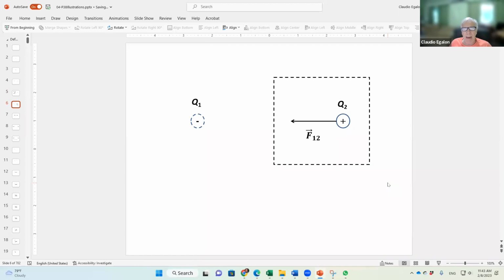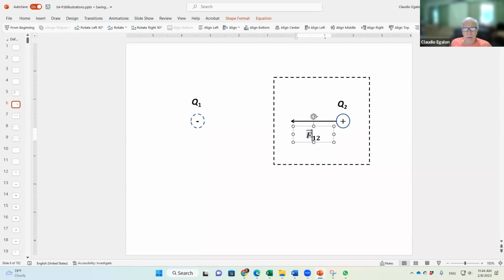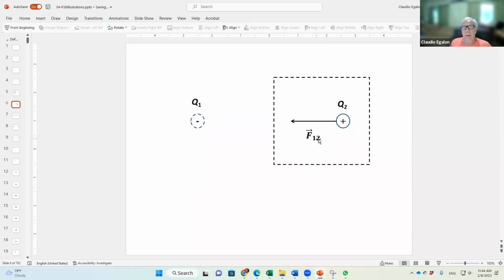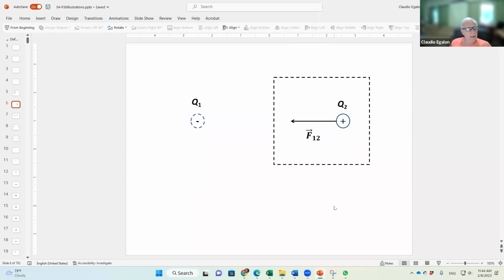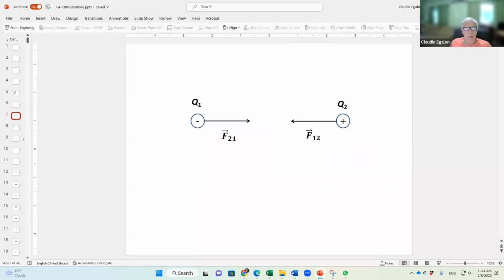And just like before, I came up with a similar notation: force of charge number 1 applied to charge number 2, right? The first number is the source of the force. The second number is the one being subjected to the force. Then, if you have the whole thing, you can have both forces right in there.